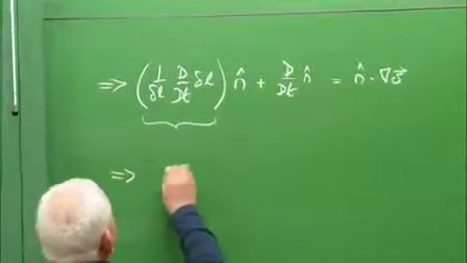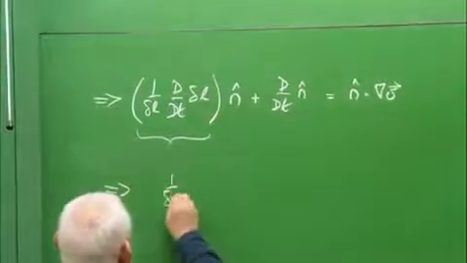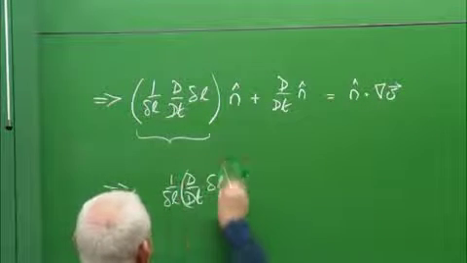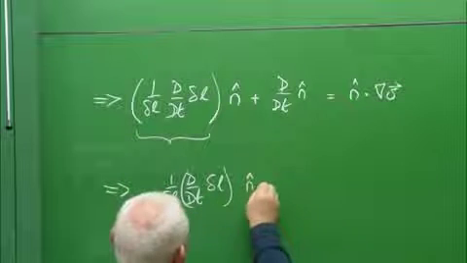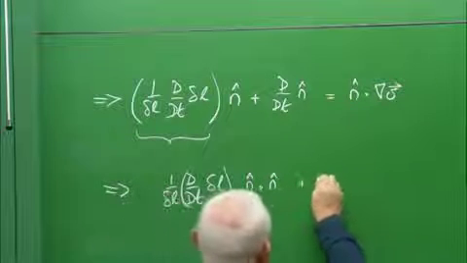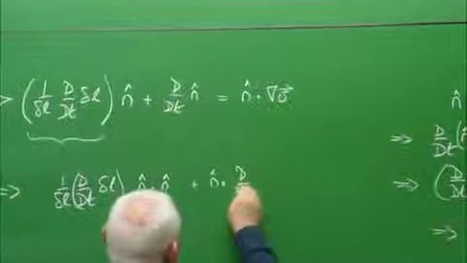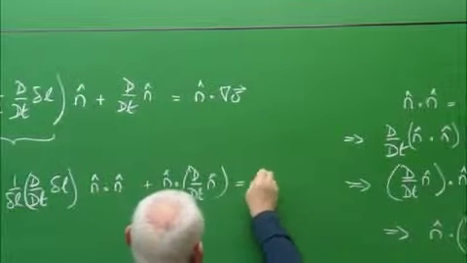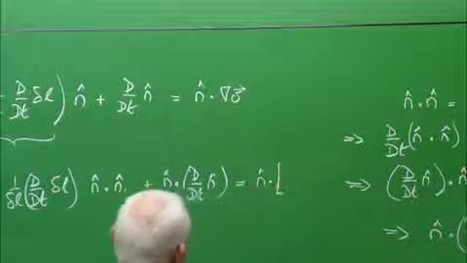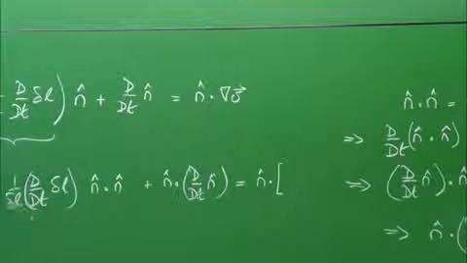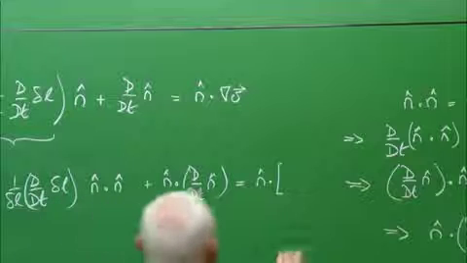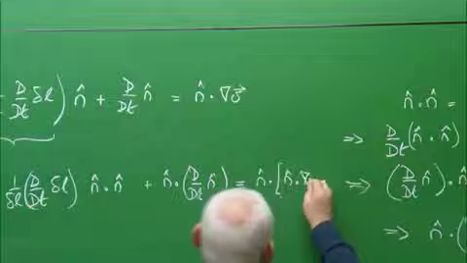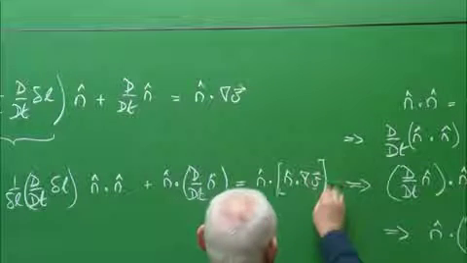And so what this means is that 1 over delta L d/dt of delta L, and this is n hat dotted with n hat, plus n hat dotted with d/dt of n hat is equal to n hat dotted with, and you must use brackets now because otherwise you will get a confusion, n hat dotted with lambda acting on b.